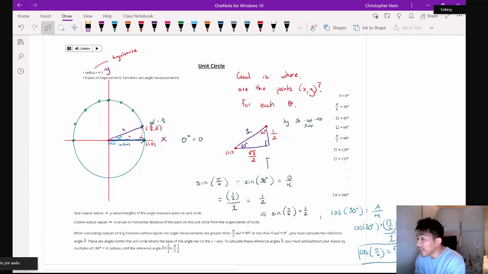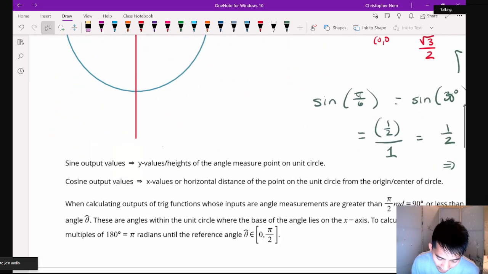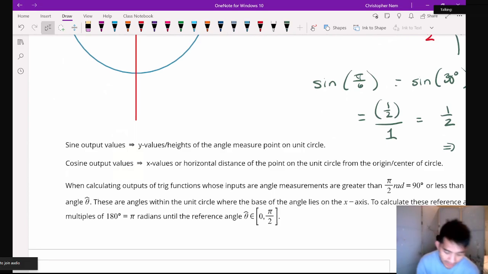Which means that I only care about the opposite, and I only care about the adjacent. So we get this powerful statement. If I calculate sine of an angle measurement, I only care about the y value of that dot, or the height of your right triangle. If I want to calculate the cosine of an angle measurement, I only care about the horizontal distance, or the x value of that guy.